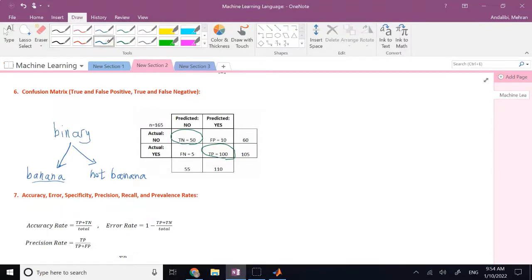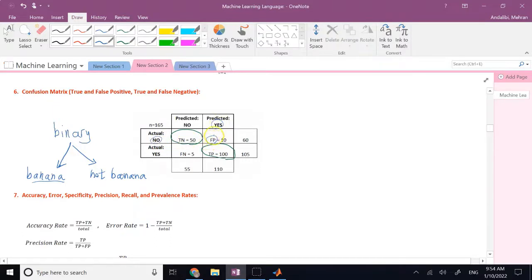And the other cases where my algorithm did the opposite of reality, what was here? It was, you say, false positive. Means I said it is positive, but it was false. It was not right because it wasn't. It's a false positive.